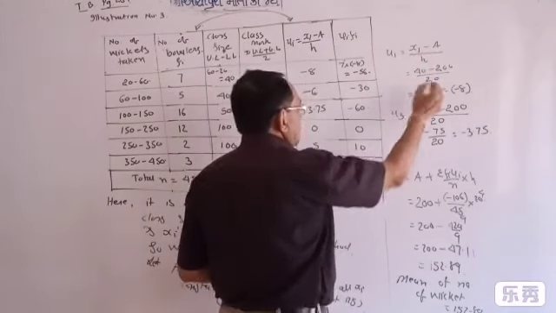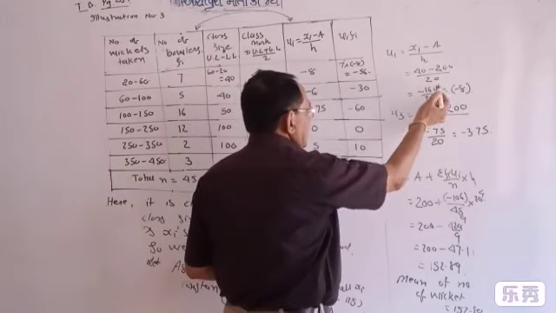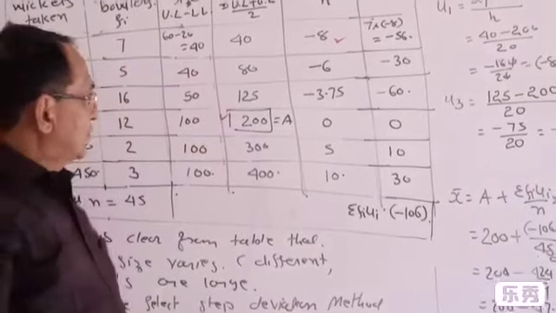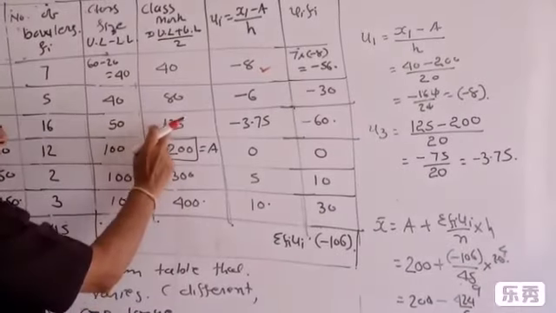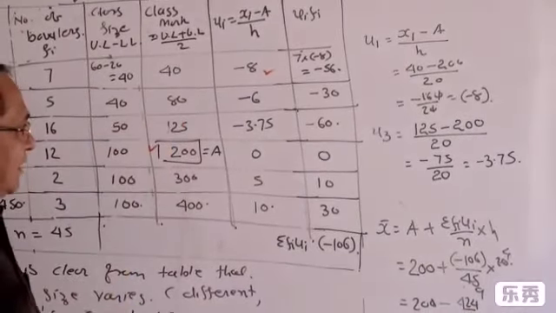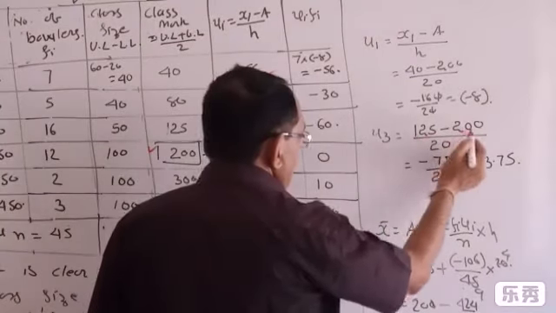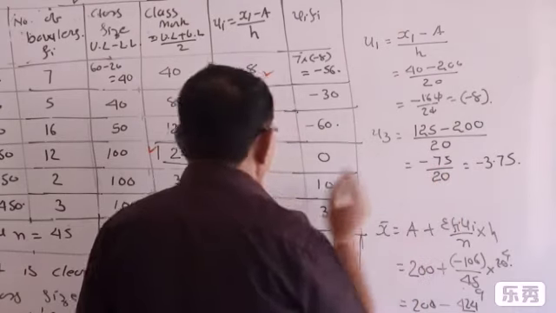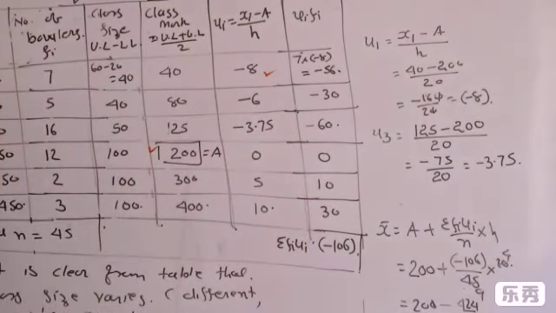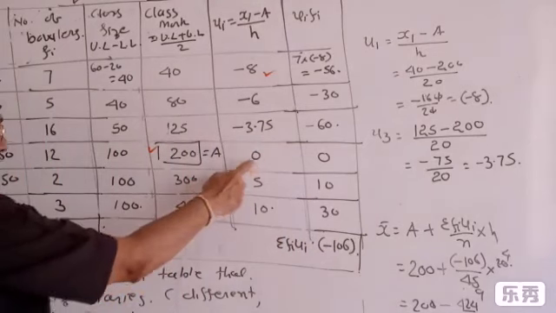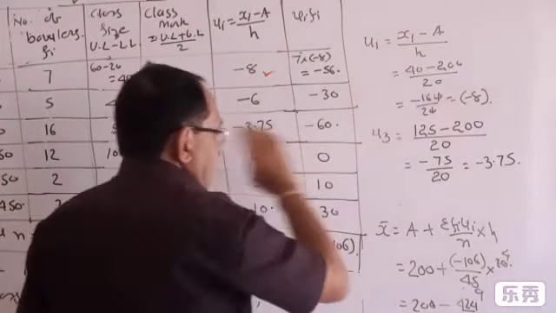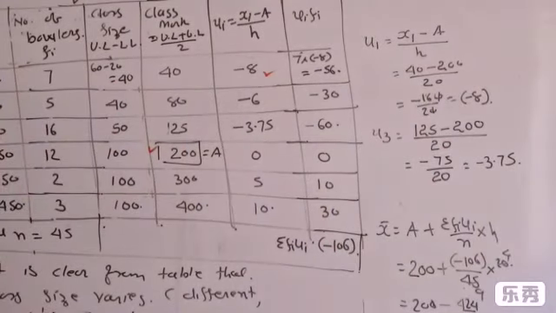For the first class, 40 minus 200 upon 20, minus 160 upon 20, is equal to minus 8. Similarly, u3 is 125 minus 200 upon 20, minus 75 upon 20, which is minus 3.75. That is your 0, that is 5, that is 6. Do all the calculations in this way.